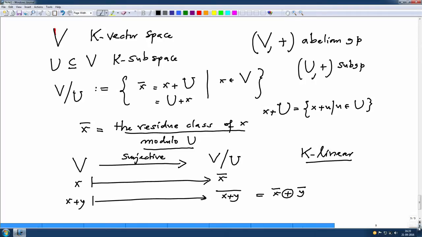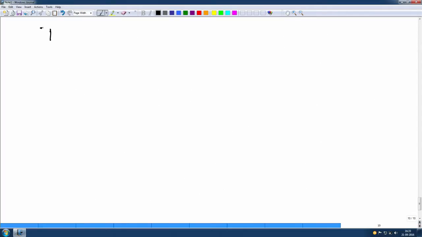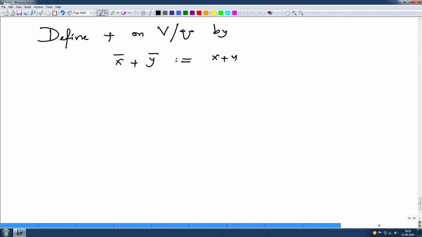So let us define addition on V by U by x bar plus y bar equal to x plus y, added in V, and take the bar of that. And remember, bar means you are taking the cosets.